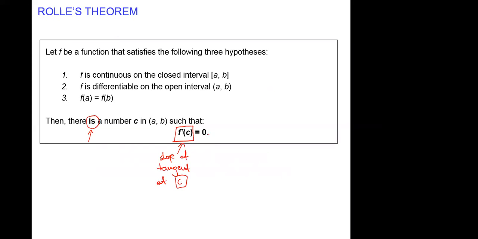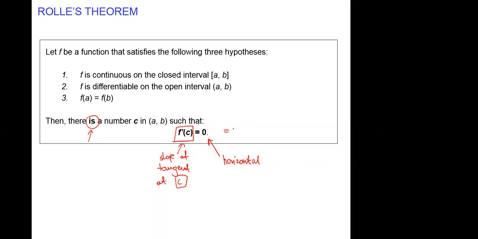And what position will the tangent line have if the slope is 0? What kind of lines have slope 0? Horizontal. That means the line is horizontal.